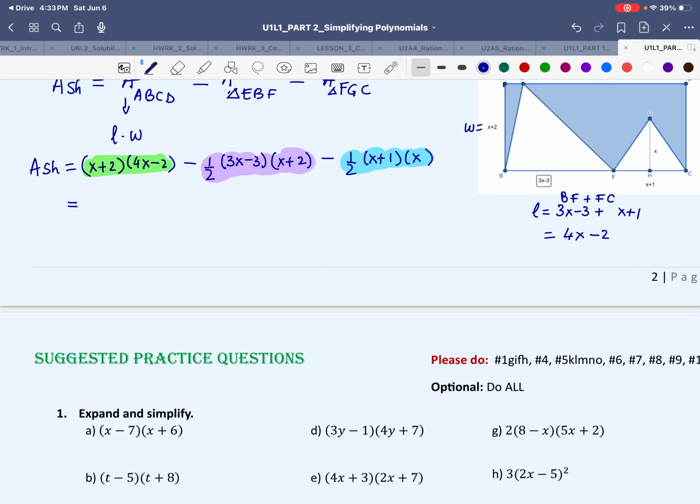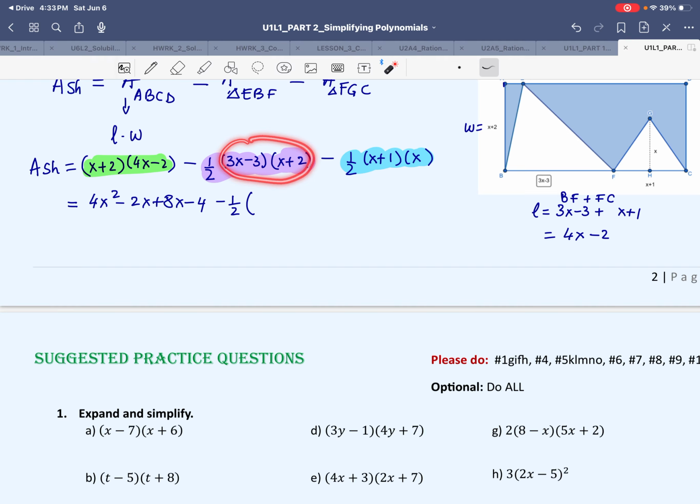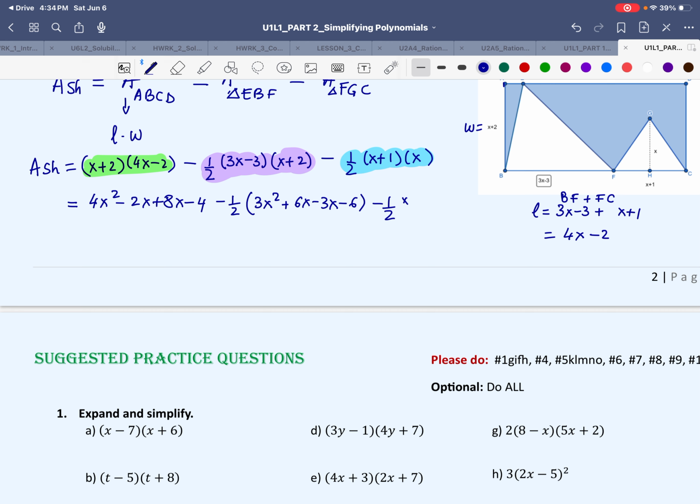Now, x plus 2 times 4x minus 2, that's FOIL, so 4x squared minus 2x plus 8x minus 4. So you see where we're going with this. So minus 1 over 2, so we're going to do binomials first, that's what we've said. And we have 3x squared plus 6x minus 3x minus 6. And then minus 1 over 2, x squared plus x.